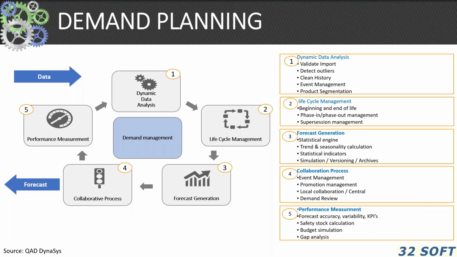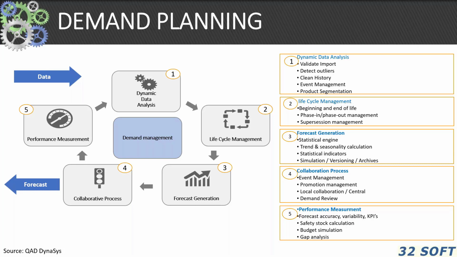It begins with dynamic analysis, which includes validation of input, detection of outliers, cleansing, event management, product segregation. That feeds into life cycle management with the beginning to end of life analysis, phase in, phase out data, the supersession management.